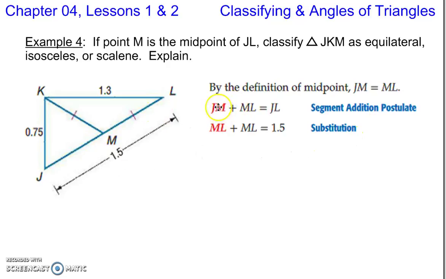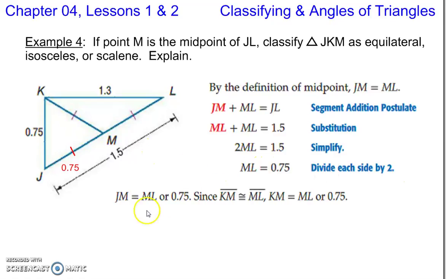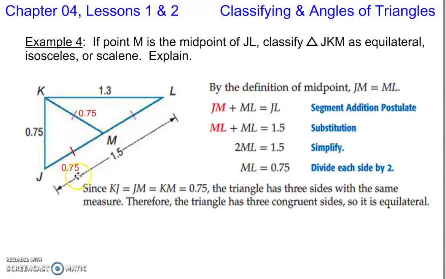We can replace JM with ML since they are equal, substitution. So 2ML is 1.5, and then divide each side by 2. We get 0.75. JM and ML are both 0.75. Since these are congruent, this is also 0.75. Then if every side is 0.75, that is an equilateral triangle.